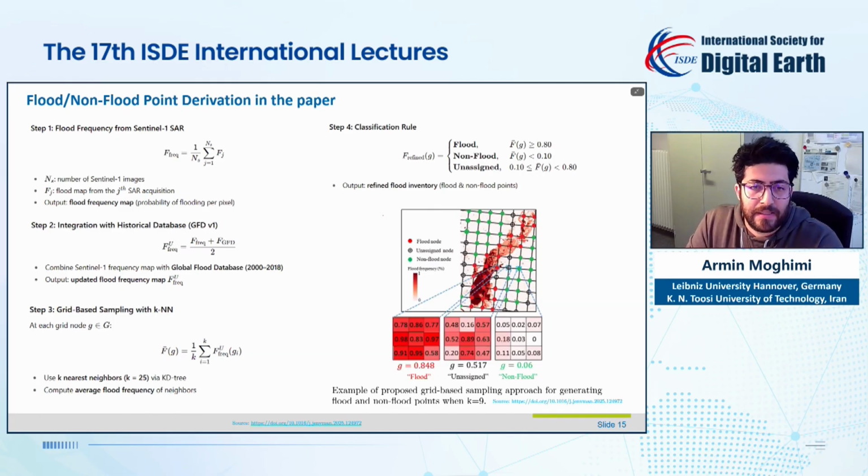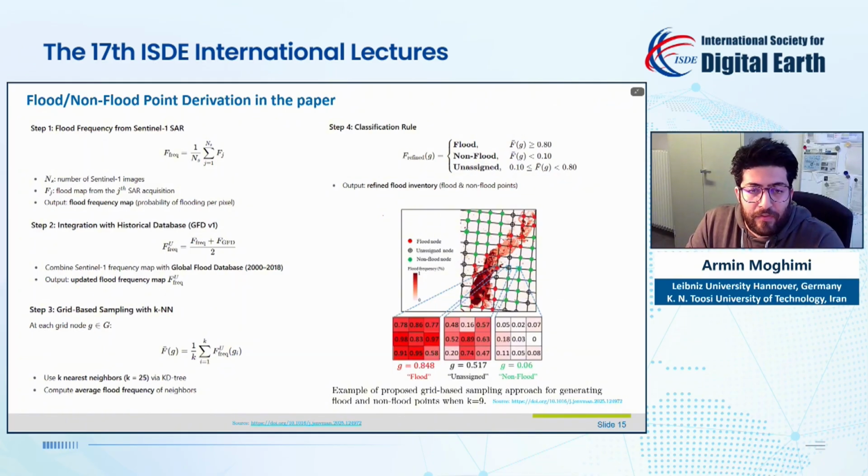The next step is grid-based sampling. A grid is placed over the study area, and for each node, we use a KD-tree search to identify the 25 nearest neighbors. Their flood frequency values are averaged and assigned to that node. Based on this average, nodes are classified as flood if the value is greater than 0.8, non-flood if less than 0.1, and unassigned otherwise.